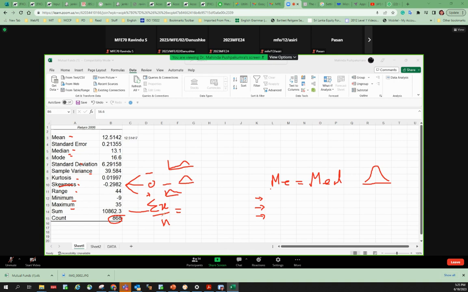Then as this value is 0.29 minus, you can say it is left skewed distribution. That is one criteria you can use to identify shape of the distribution. Then what else?